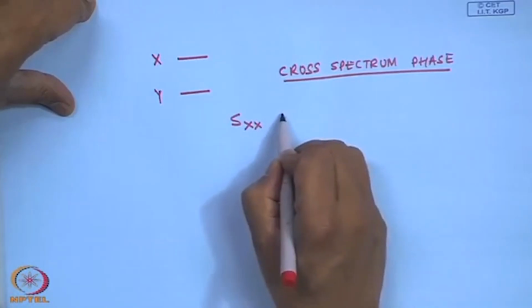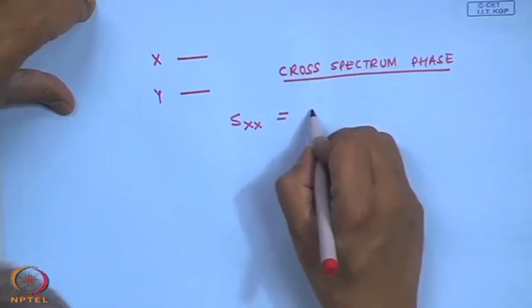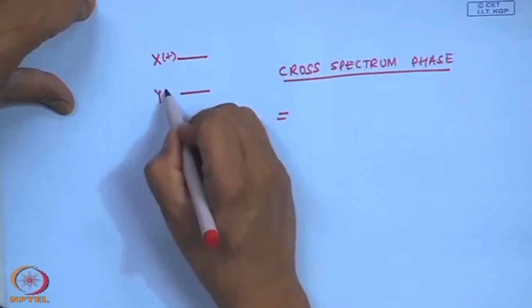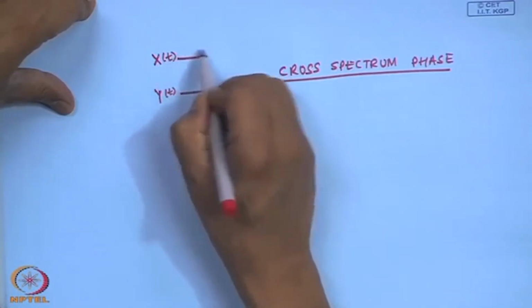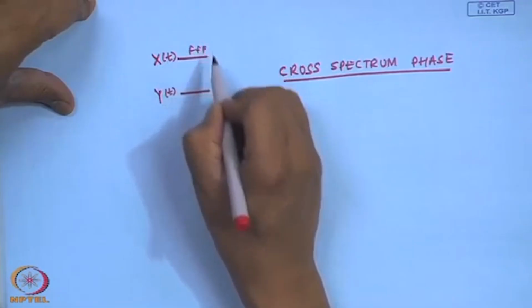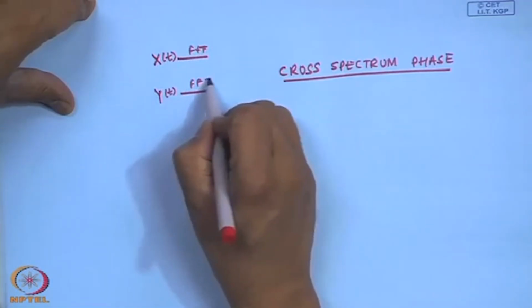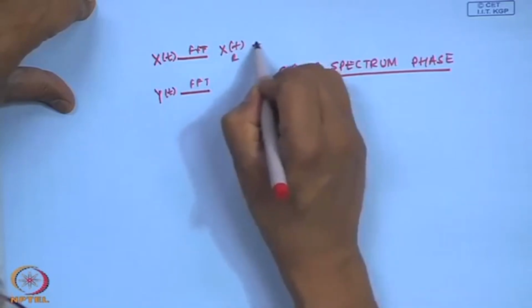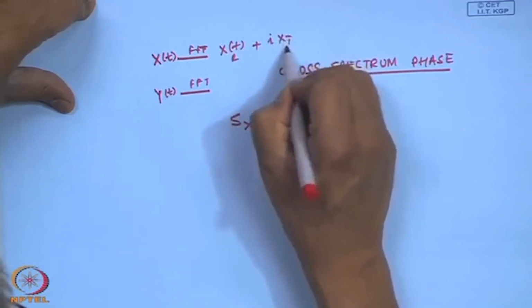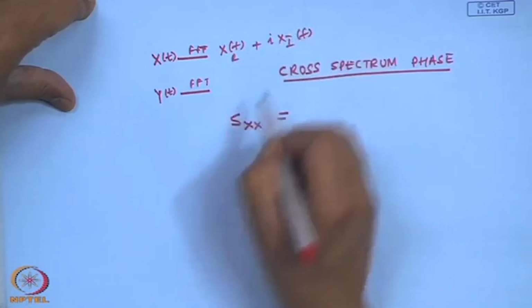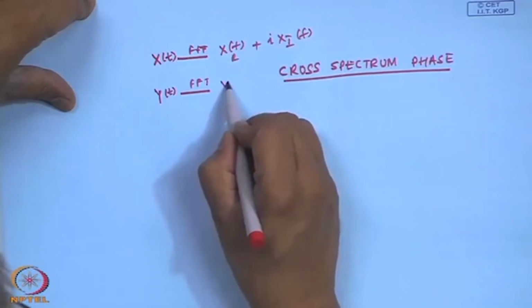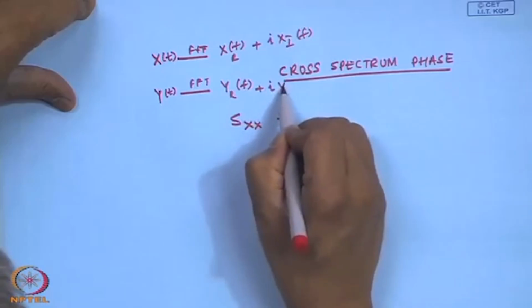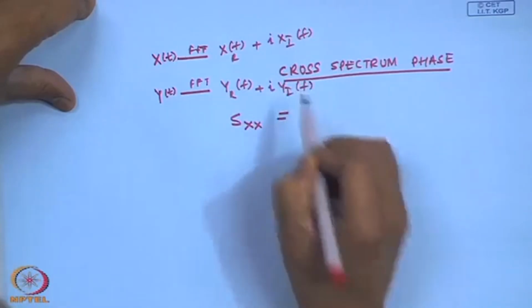If I do an FFT of the signal x(t), I will get a signal in the frequency domain with a real part and an imaginary part, and similarly I will have y real plus imaginary part of y in the frequency domain.